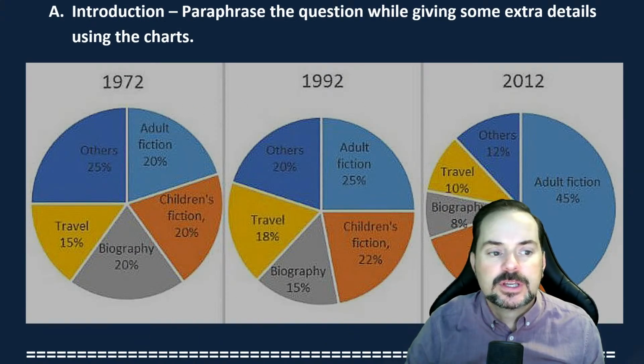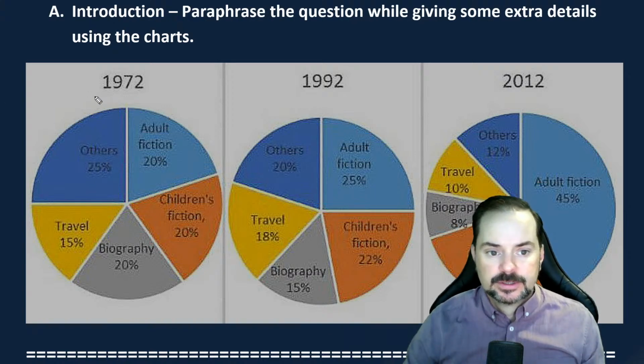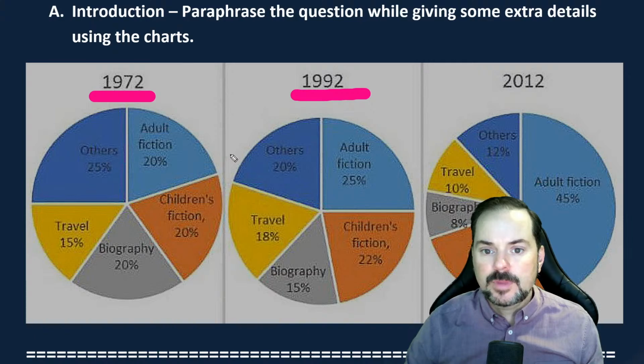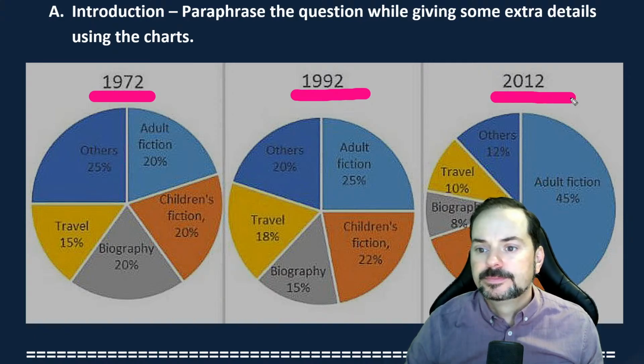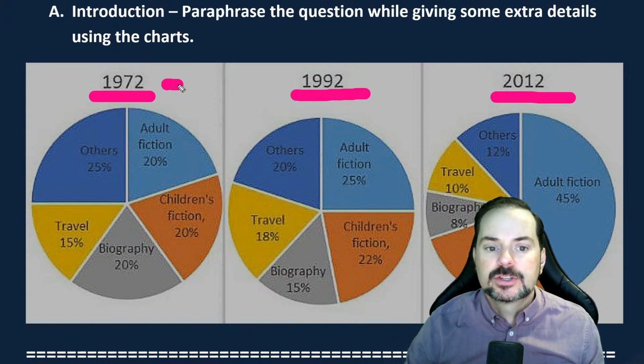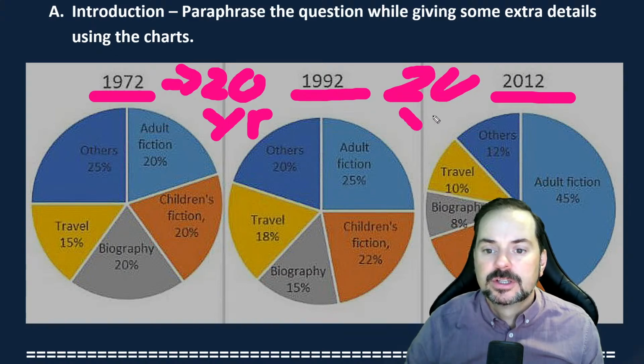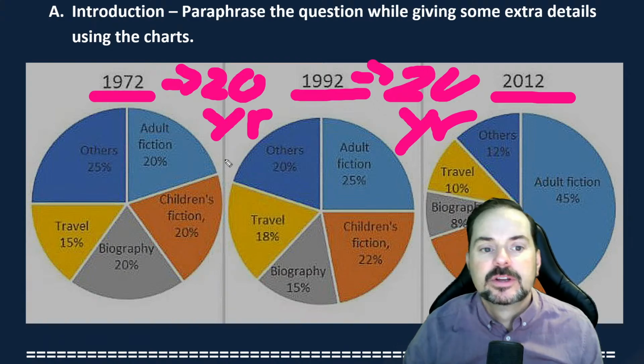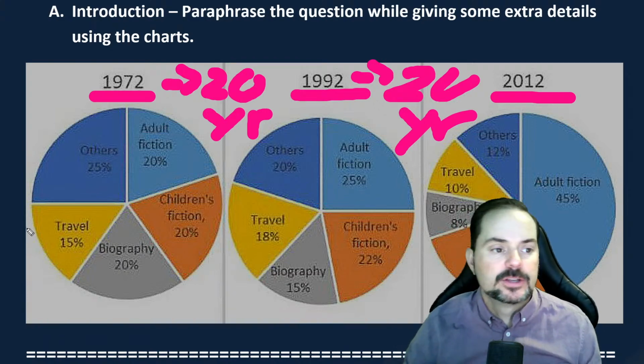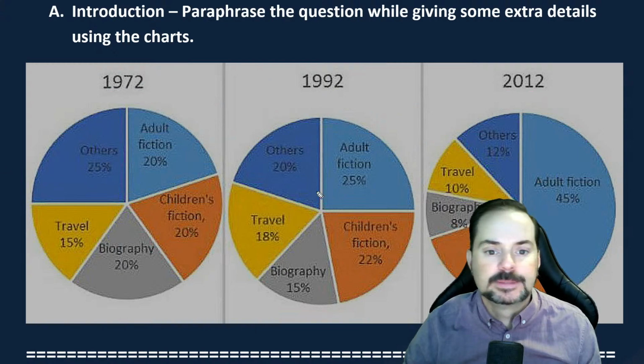But we do see the years: 1972, 1992, 2012. I can also see that the difference in these time periods is 20 years. I'm always paying attention to these little pieces. So we've got a 20-year difference from 1972 to 2012.